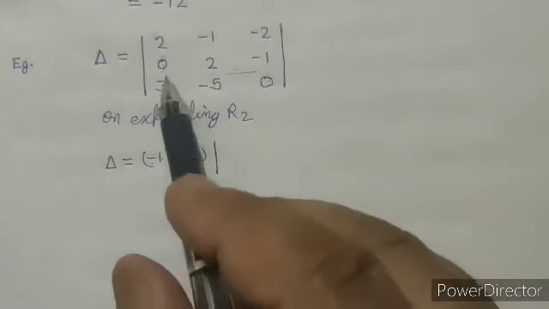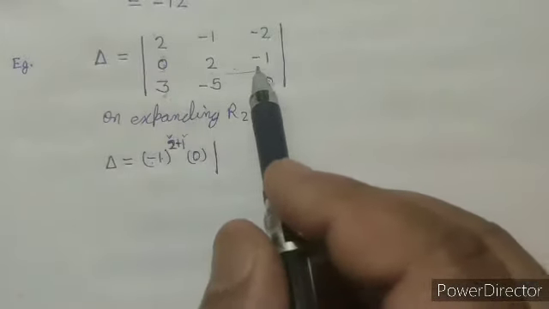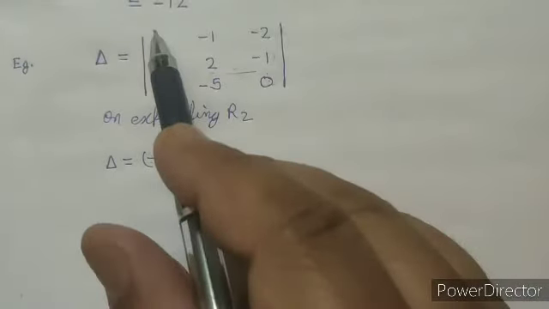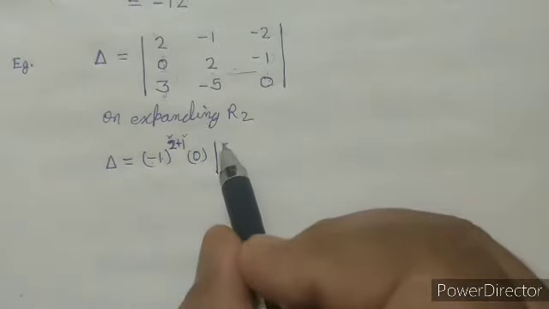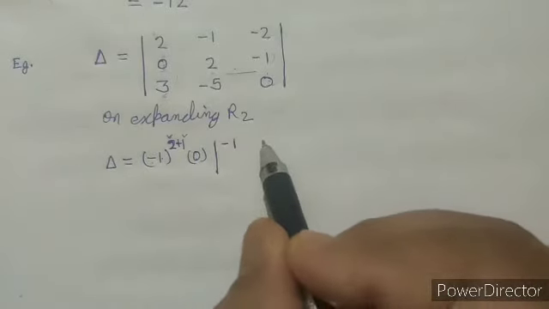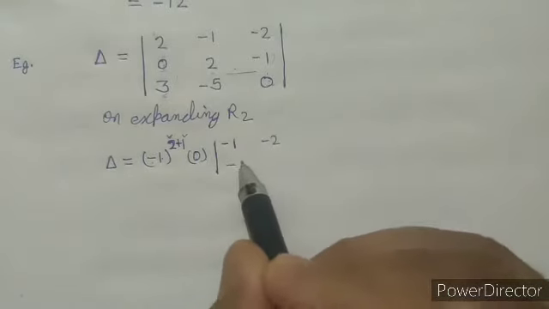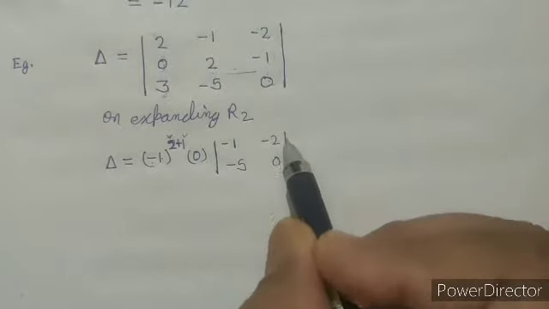We are taking the 0 here, so we'll eliminate the second row and the first column of the determinant, and this will give us the determinant of -1, -2, -5, 0.